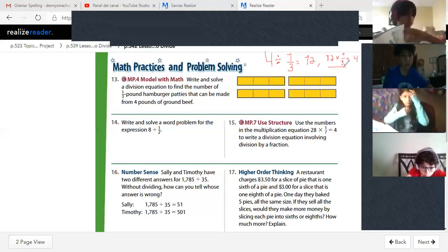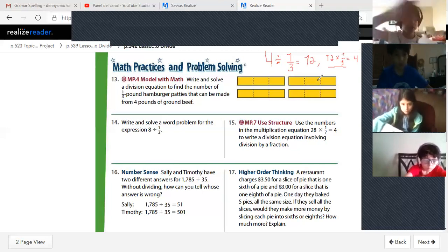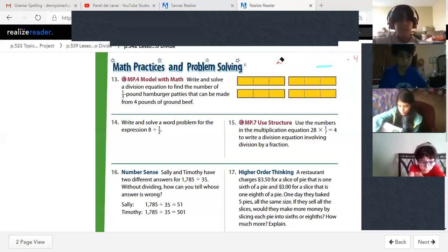Because how many times does 3 fit in 12? 4 times. The same answer you have to have in all the exercises. 4 divided by 1/3 is equal to 12, or 12 times 1/3 is equal to 4. Yes? Let's continue then. Number 14.